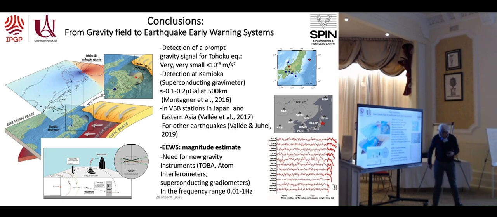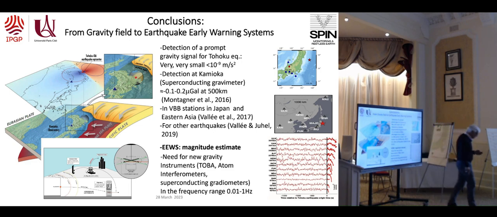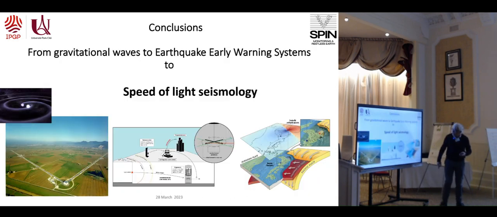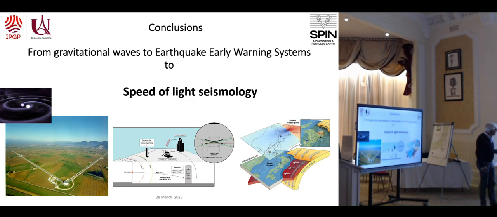We have several possibilities, and our favorite choice is the torsion bars, TOBA, but we still wait for funding. So I tried to show you how we start from basic ideas and end up with what we consider some kind of new field, the speed of light seismology. Thank you for your attention.